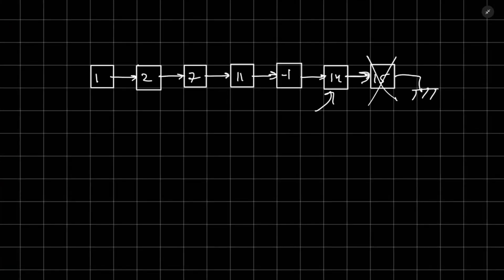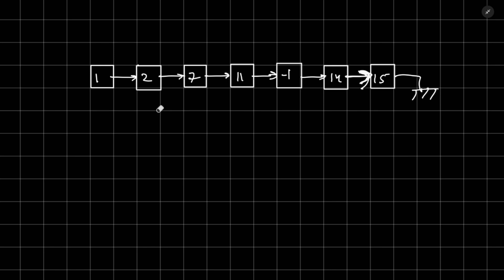If it was the last node, we couldn't delete it, because we need to set this pointer to null, and this pointer lies with this node. That is why the question mentions that it is not the last node. So this can be any of these nodes that is to be deleted.